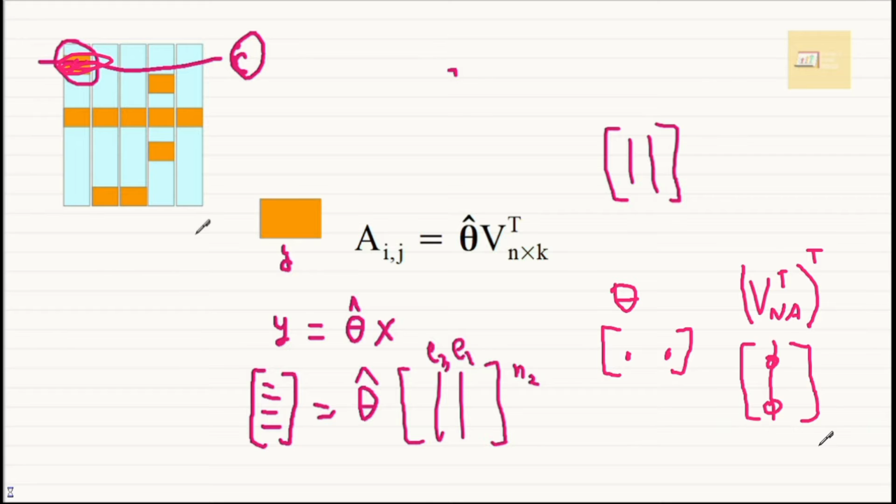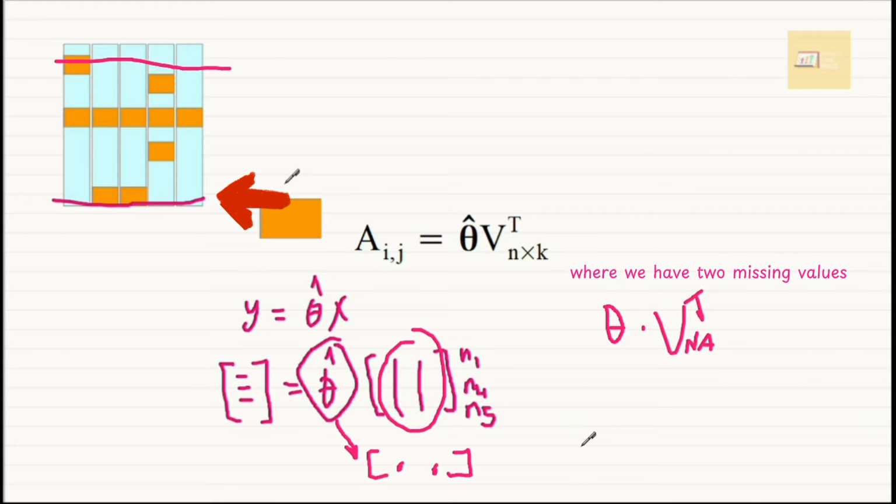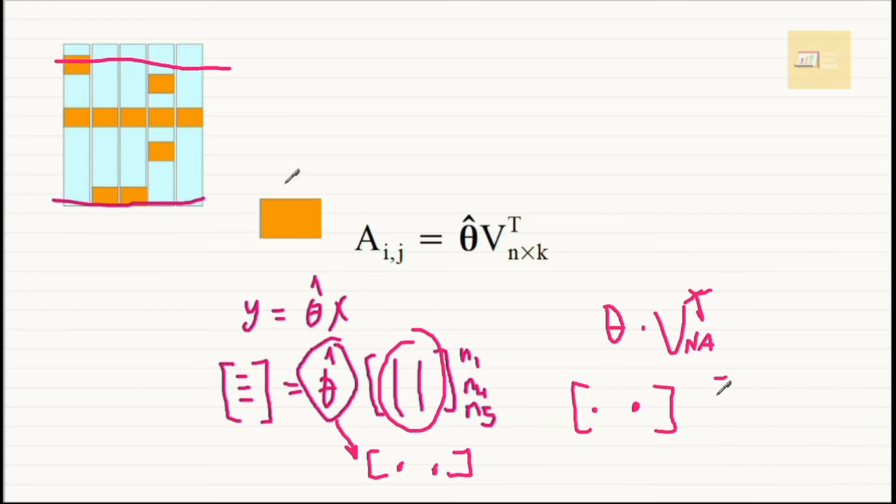Okay, if we go back to this example, that means our theta would be again an array of length 2, and the matrix V transpose A will be 2 columns and 2 rows, because the rows are for the eigenvectors and the columns are for the variables.